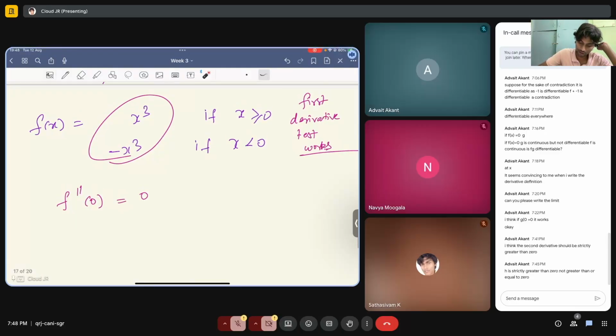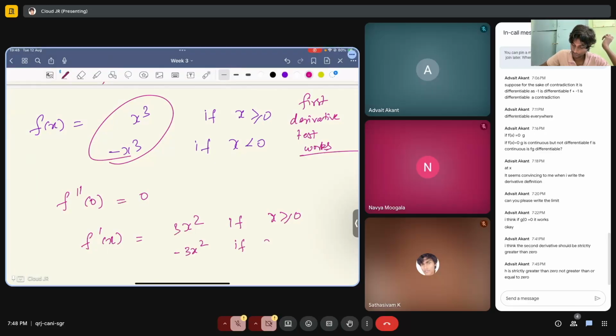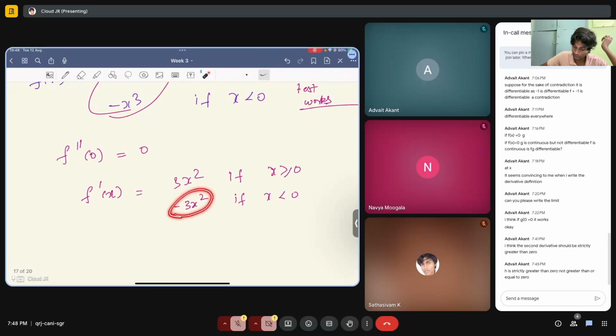If you compute the first derivative, f prime of x is x square if x is greater than or equal to 0, or minus 3x square, I mean 3x square with a minus, if x is strictly less than 0. So here you can see it goes from negative to positive.